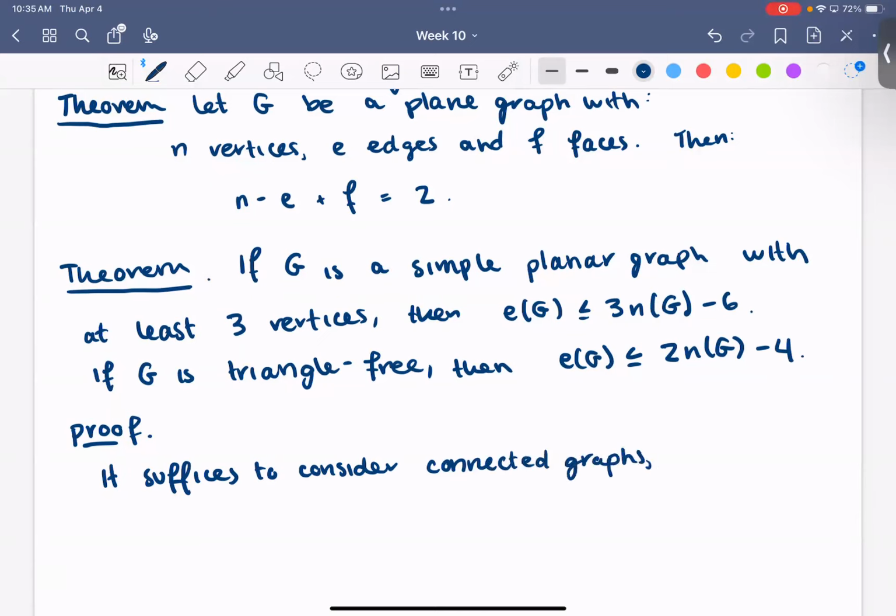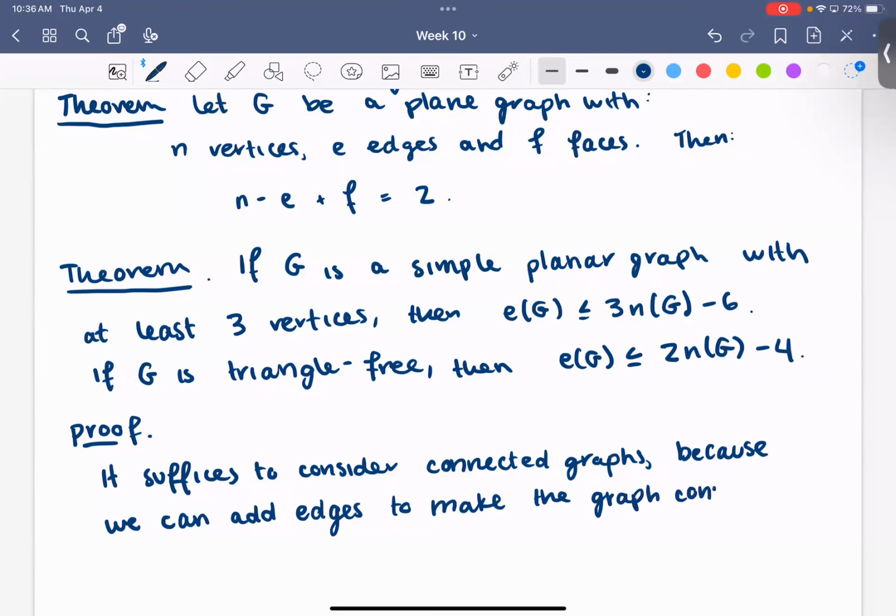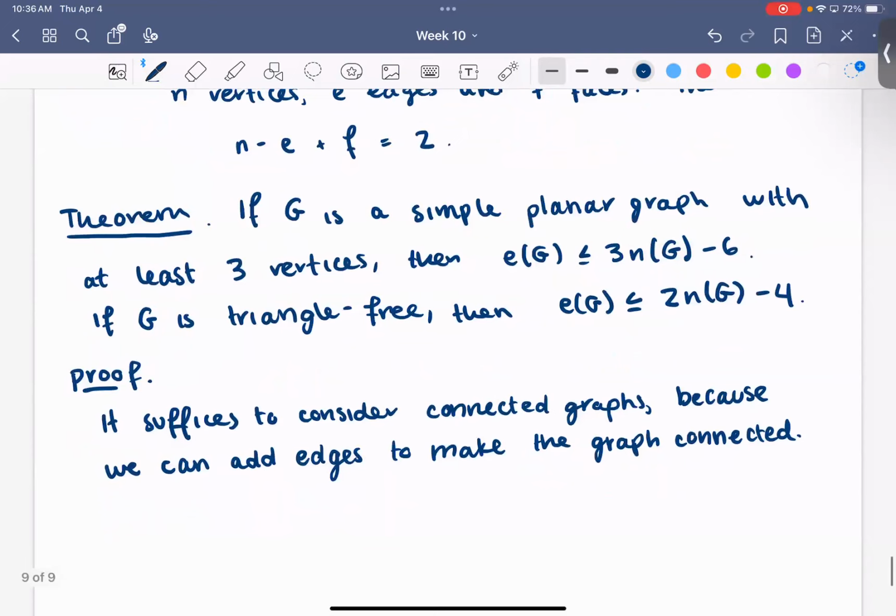Because otherwise we could just add edges in order to make them connected. Let's say I had, in this example, 2 connected components, then I could just take a vertex from each one and add an edge there.